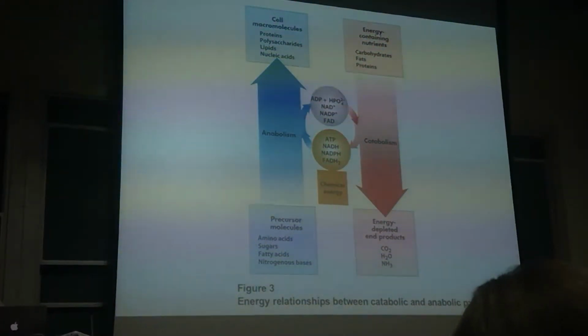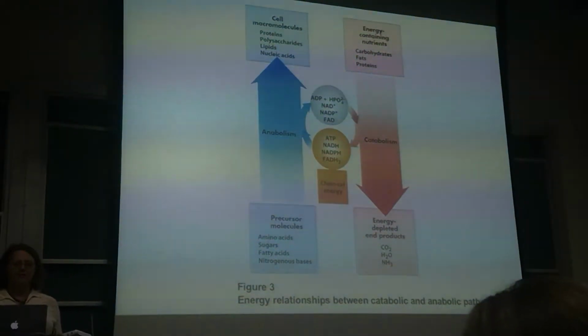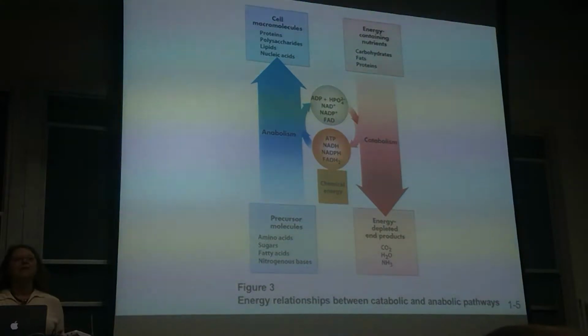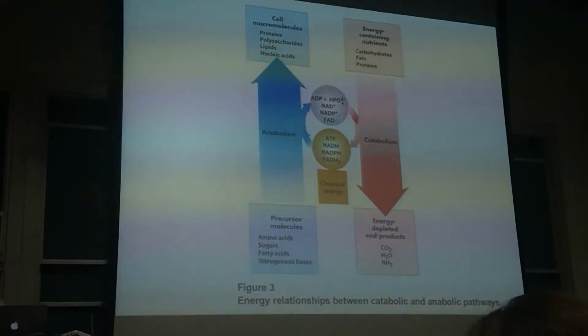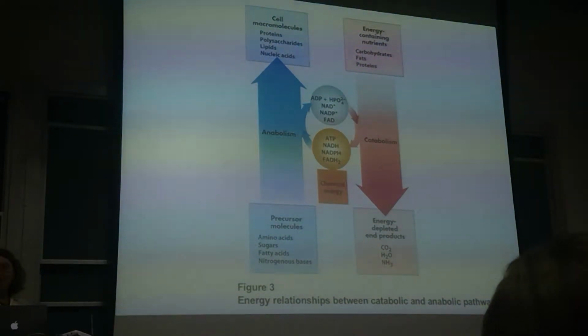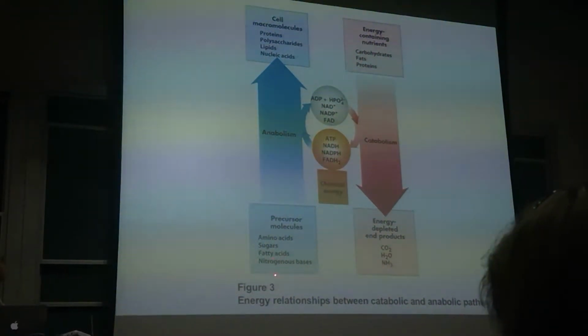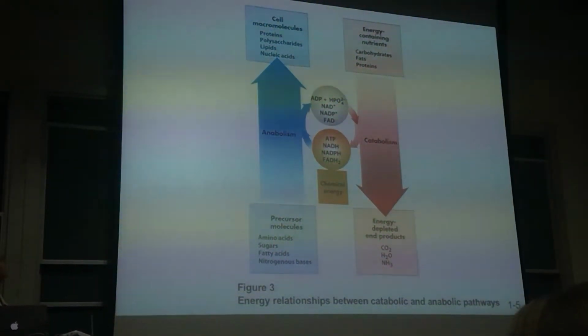So if we move forward to the basis of this course, which is metabolism, we're talking about the reactions that make up life. And there are two major ways to look at these, which are anabolic and catabolic. So anabolism is synthesis. You're taking something that's simpler and you're making it more complex.